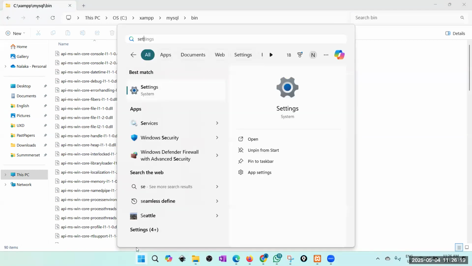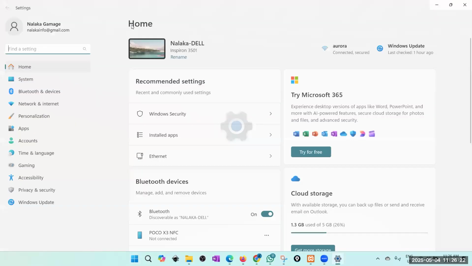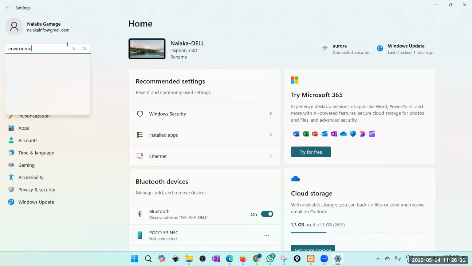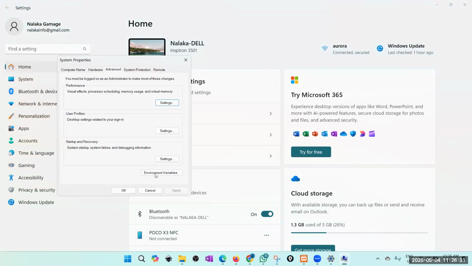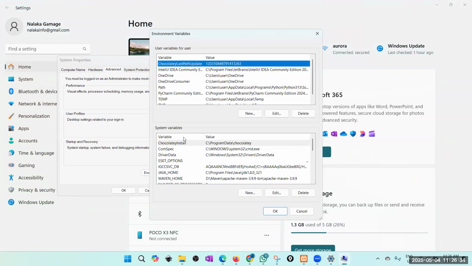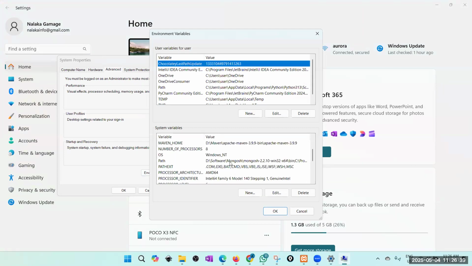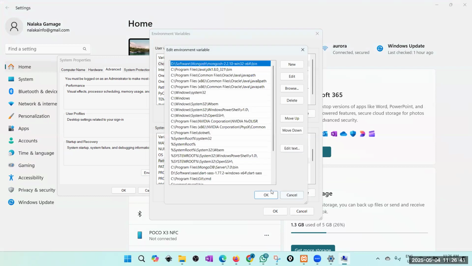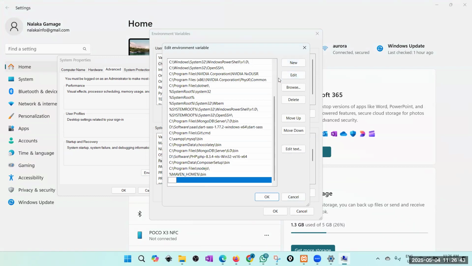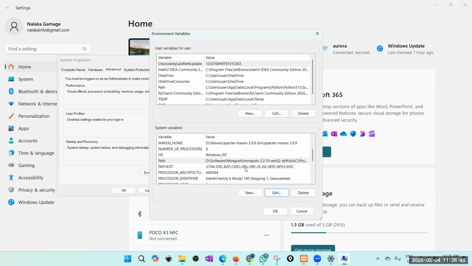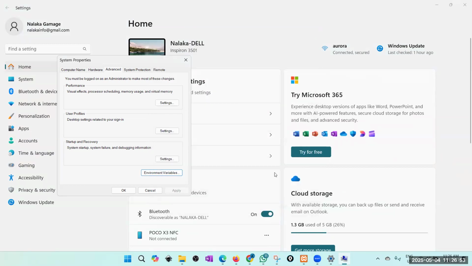Go to settings and search for environment variables, preferably system environment variables, and go to environment variables, go to path, preferably your system path, and edit and add an entry to your bin folder. Of course, I already have it, so I'm not going to change it, and say OK. That is the only thing you need to do.